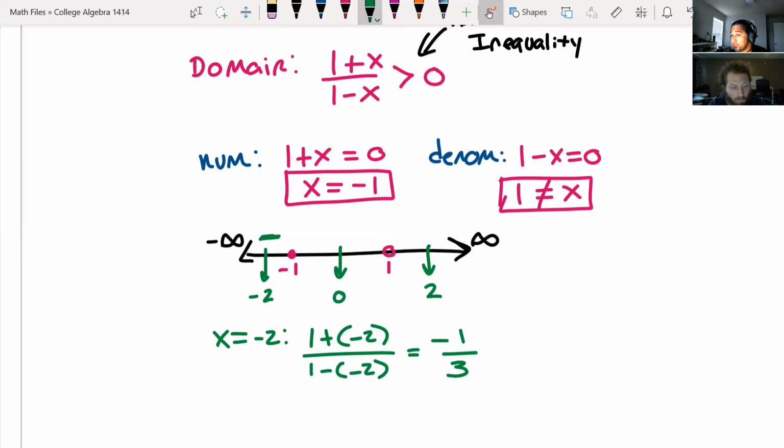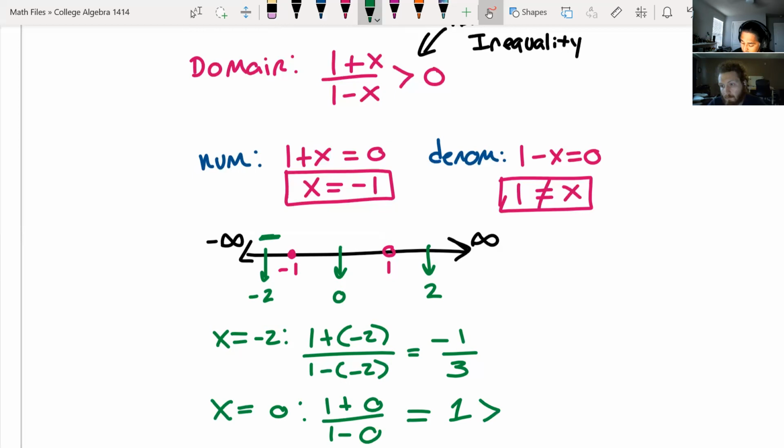So there's our negative. And then for x equals 0, we get 1 plus 0 over 1 minus 0, which gives us 1. So 1 is definitely greater than 0. So this checks out. So this means you'll be positive.